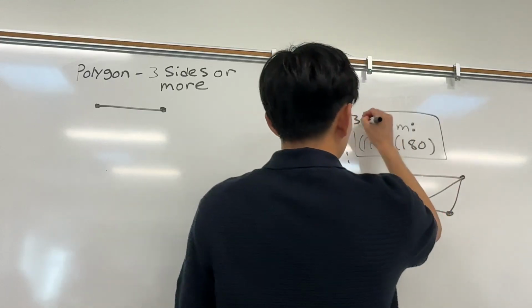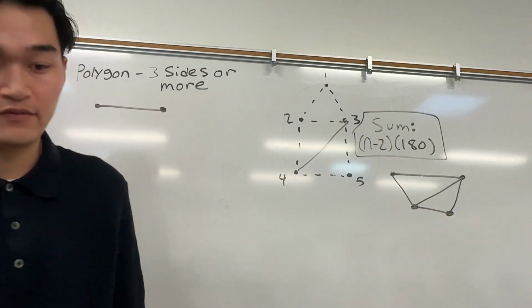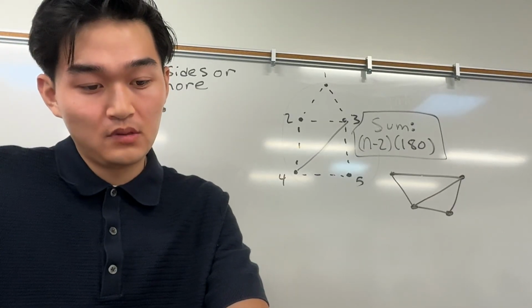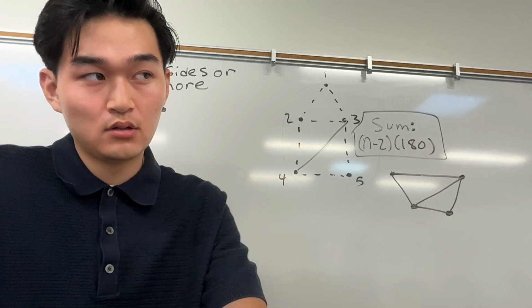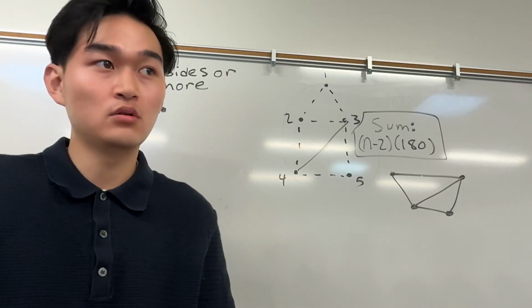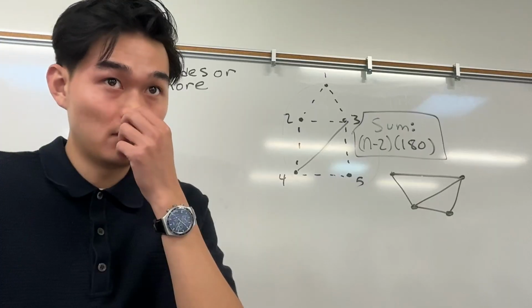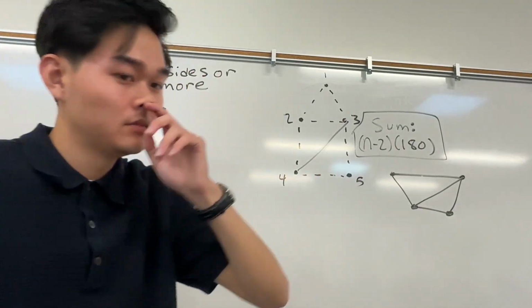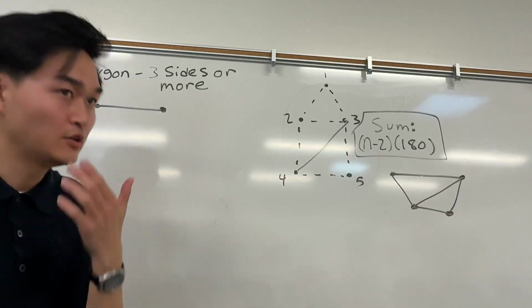Sum means the total of everything, but in the second row it asks for the interior angle measure of a regular polygon. So it's not asking you for the total, just one measure. What do you do to find one measure?